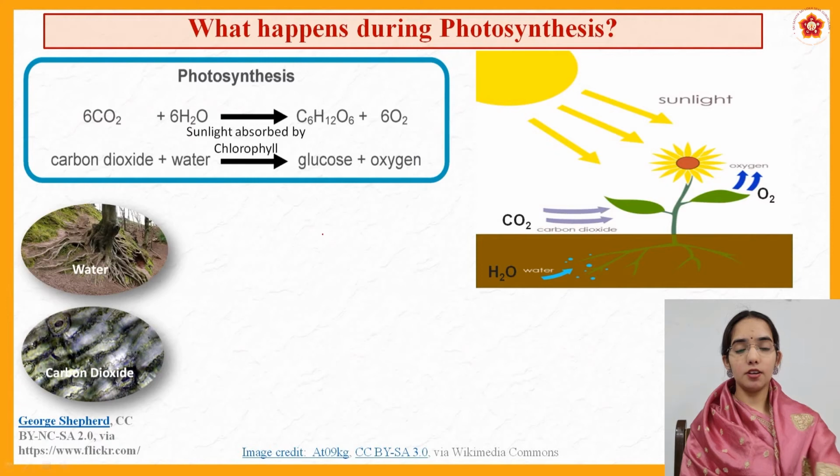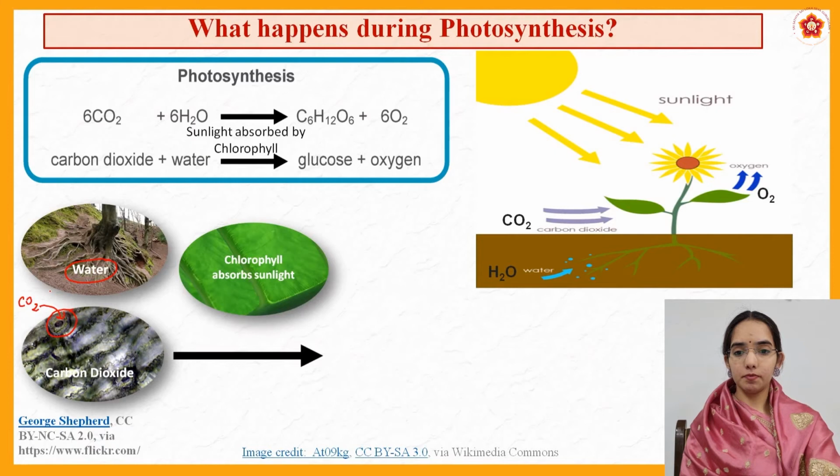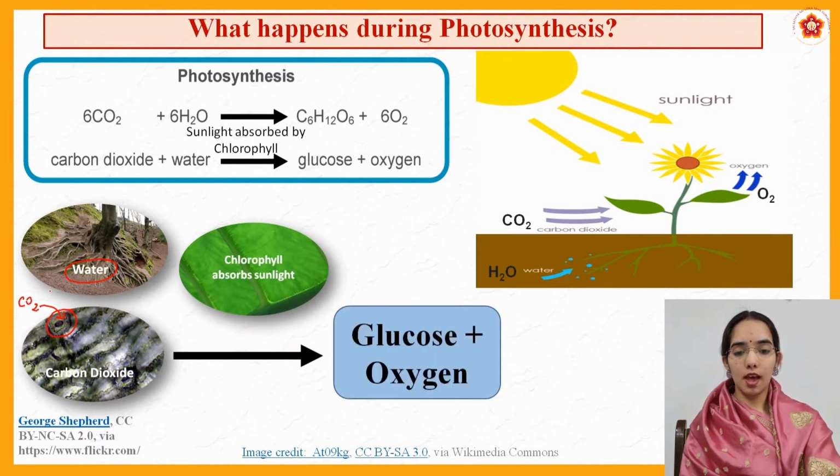Plants absorb water and minerals through their roots. Carbon dioxide goes inside through the stomata present on the leaf. Then chlorophyll absorbs sunlight, and then glucose and oxygen will be formed.